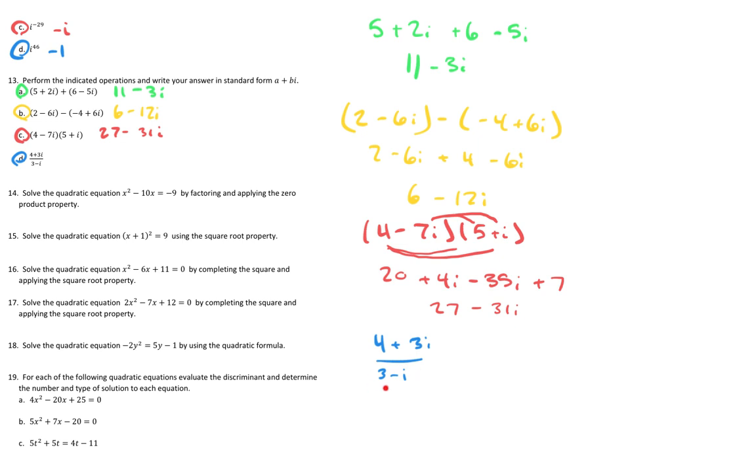You want to multiply both the top and the bottom by the conjugate of the denominator. The conjugate is basically where you take this middle term and make it the opposite sign. So we multiply the numerator and the denominator by 3 plus i.